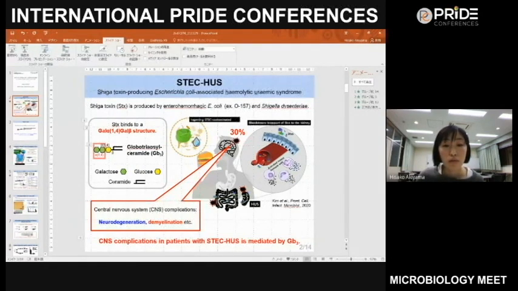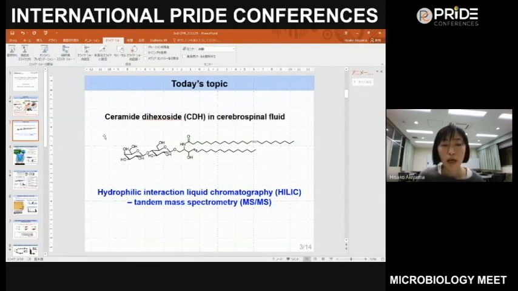GB3 has this structure at the terminal of its oligosaccharide chain. Today's topic is ceramide dihexoside, CDH, in cerebrospinal fluid. We discovered this lipid by hydrophilic interaction liquid chromatography tandem mass spectrometry, HILIC-MS/MS.